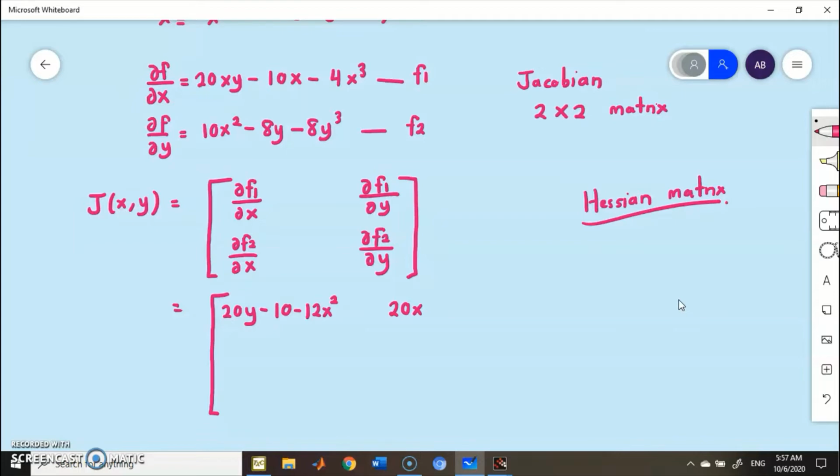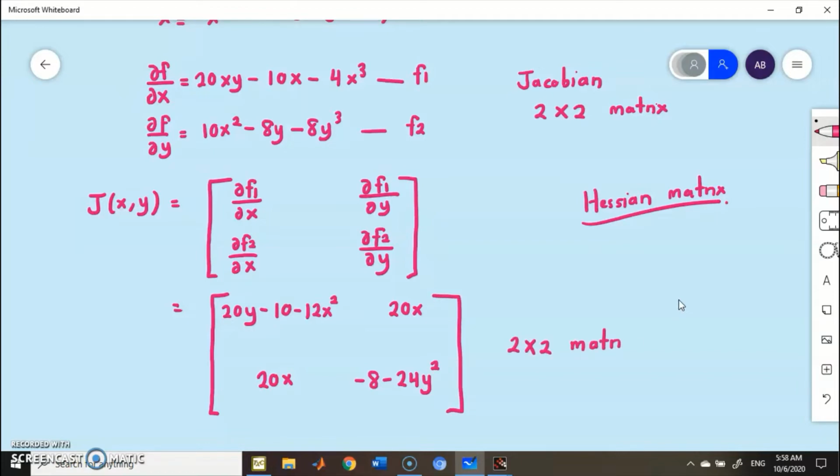Now for the second function, taking the derivative with respect to x, I have 20x. Taking the derivative with respect to y, I have negative 8 minus 24y squared, from 3 times negative 8. So this is your 2 by 2 matrix.